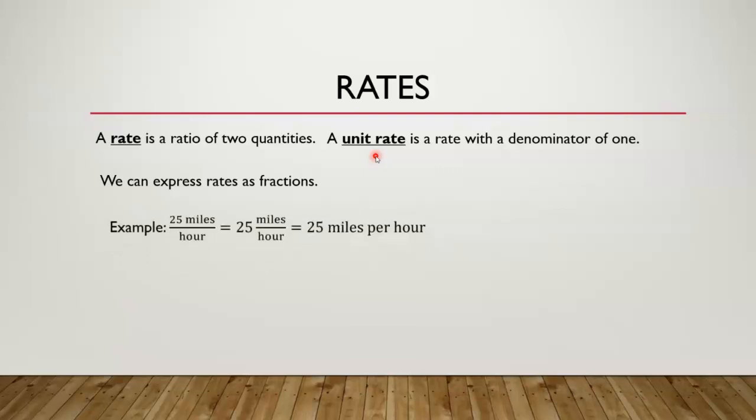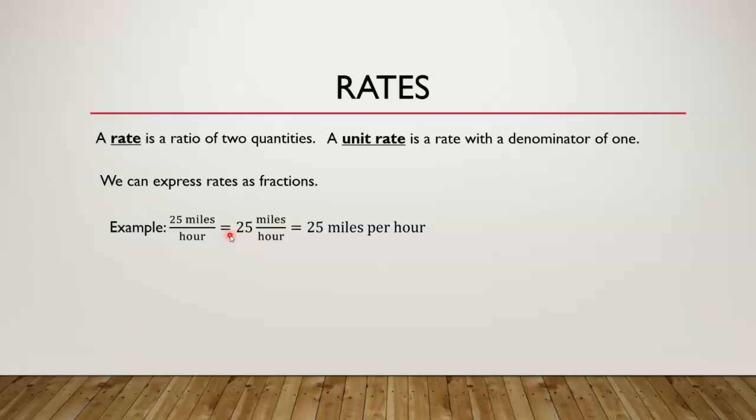This is, again, one example. We usually write it as a fraction, but as I just said in words, you might see it as "per" something else. And we can use this to determine how far we traveled. What does it mean to say we're driving 25 miles per hour?